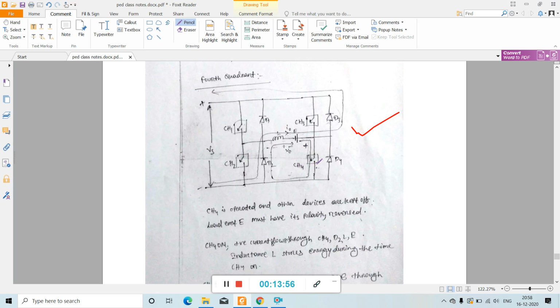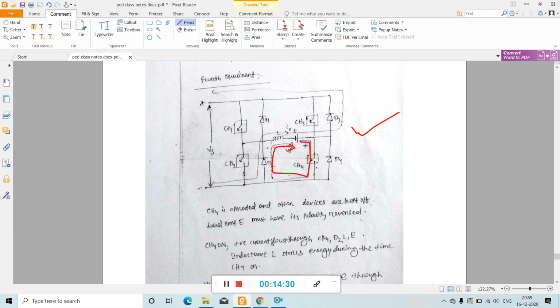When chopper 4 is operated, positive current flows through chopper 4, diode D2, L and E. Here the EMF is also reversed, this is positive and this is negative. Once chopper 4 is on, current will flow like this.